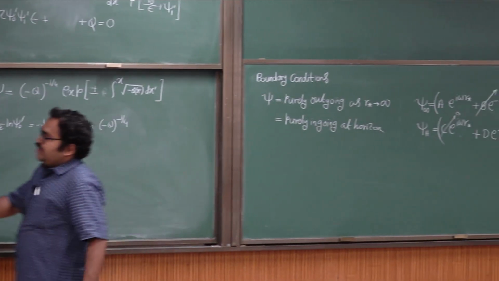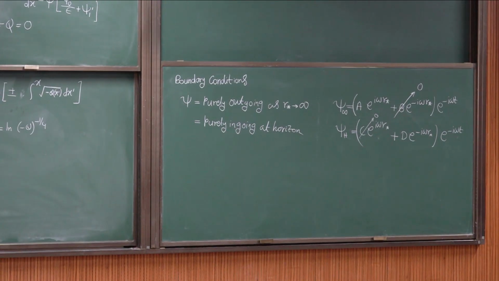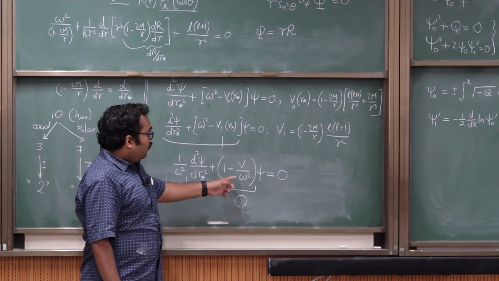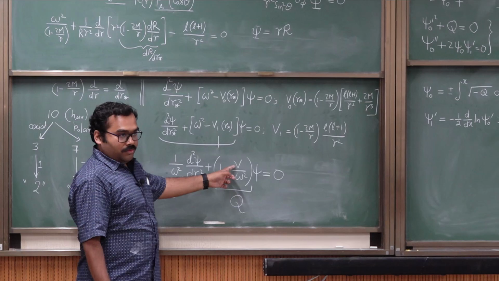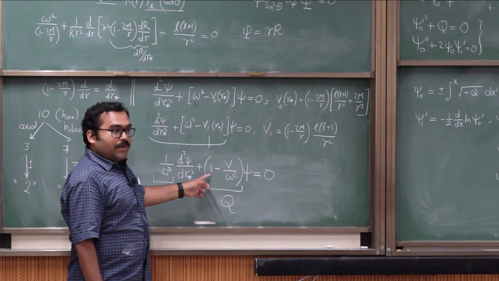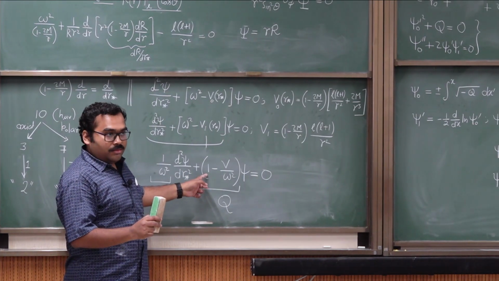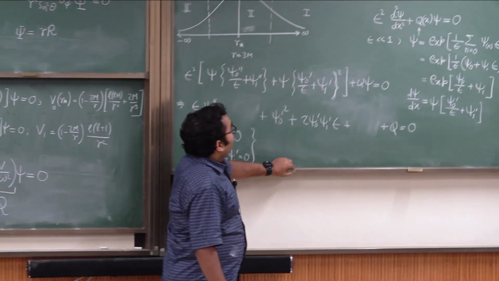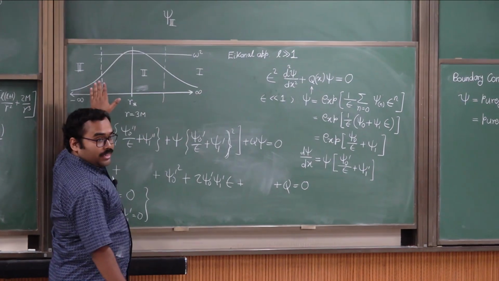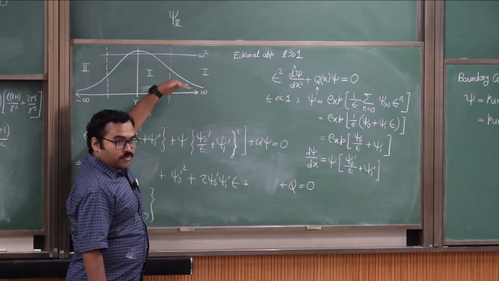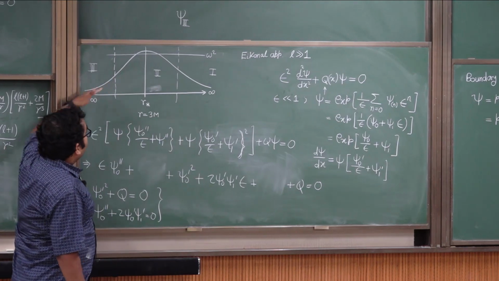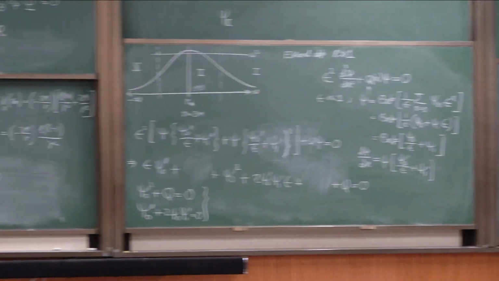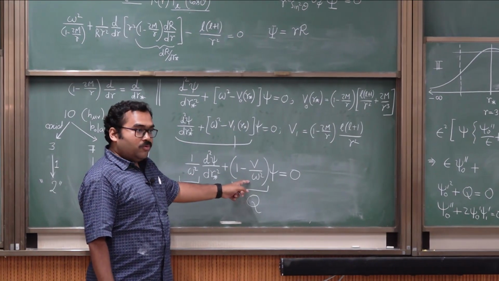Why? Because let us look at the structure of Q. It is V over omega square, right? So when my potential is 0, my Q is 1. In region 1 and region 3, region 1 going towards infinity and region 3 going towards the horizon, my potential is much smaller compared to omega square.